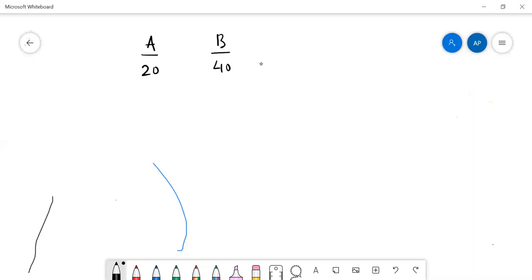So what I said is that the number of students of groups A and B can have any ratio, and let's say it is 2 is to 5.